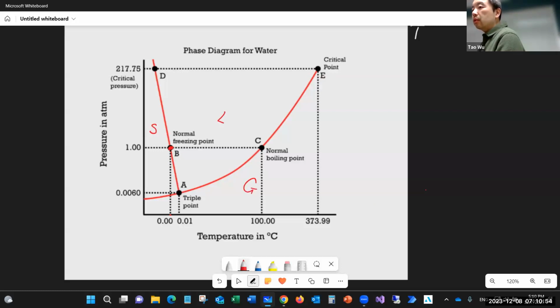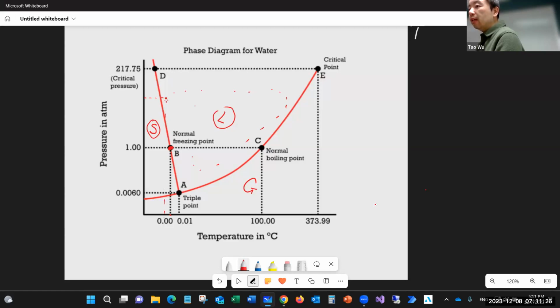If a dot is on the boundary, that means this is the transition between solid and liquid. This is a solid phase, and this area is a liquid phase, which means it doesn't matter which dot is in the liquid phase. If you have a certain temperature and pressure here, that's still a liquid.